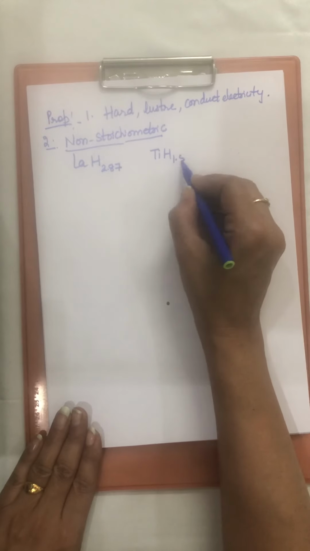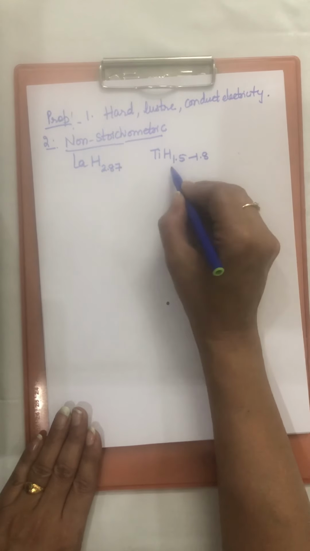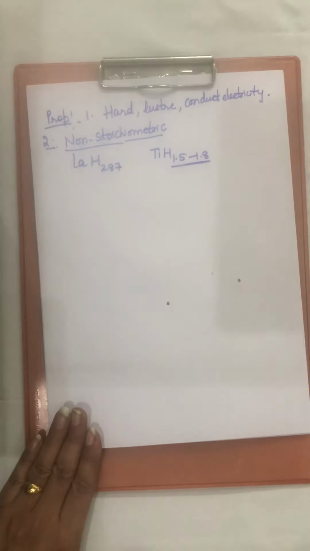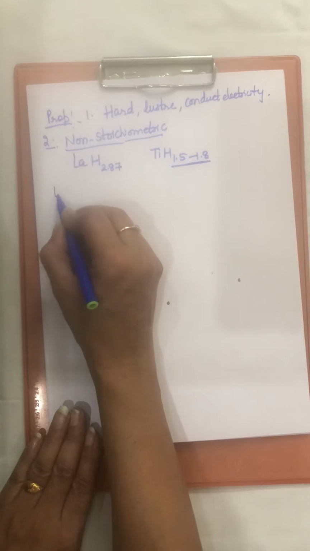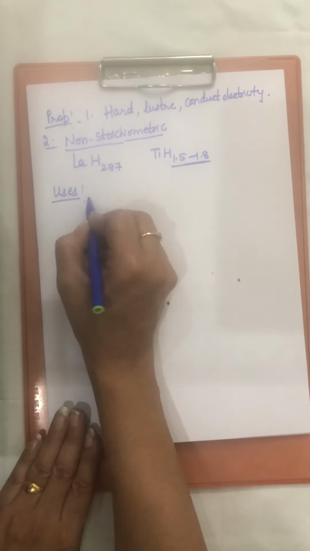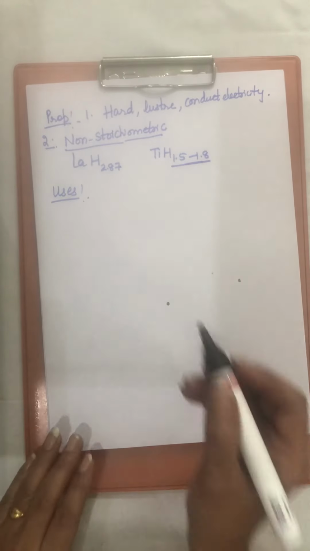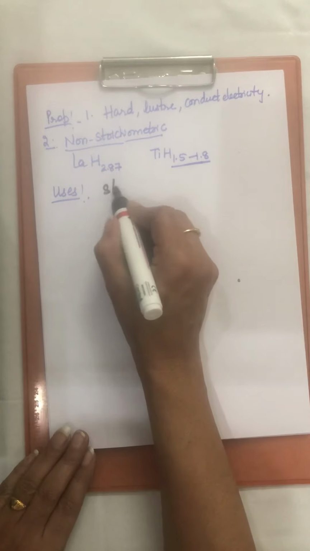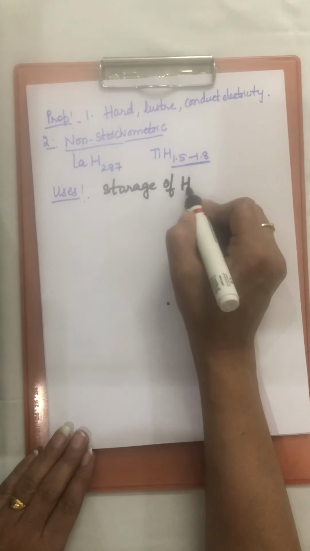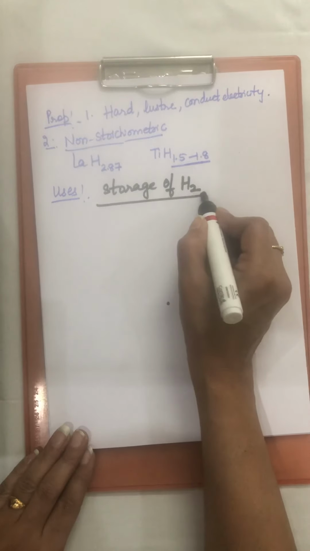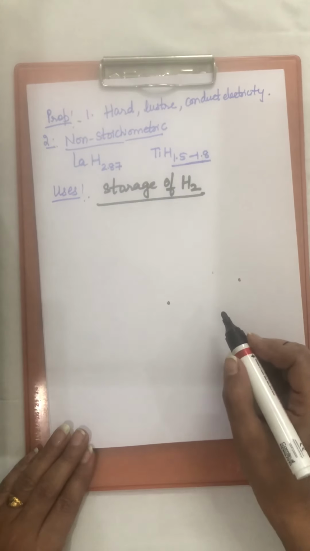And moreover, this can vary also with change in temperature and pressure. So these are non-stoichiometric in nature. Uses of these metallic hydrides: the most important use of this hydride is in storage of hydrogen.